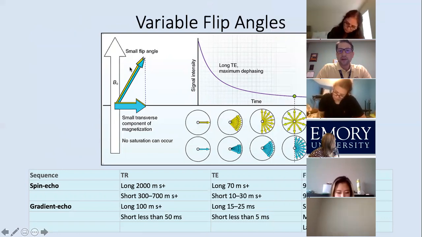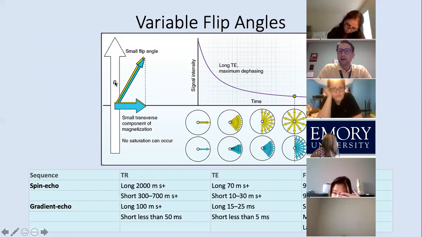So this is a diagram just showing you the variable flip angle that you might use. You're going to use a smaller flip angle in the realm of less than 90 degrees. And when that happens, you create what we call a transverse component of that net magnetic vector, but some of that net magnetic vector stays in the longitudinal axis.